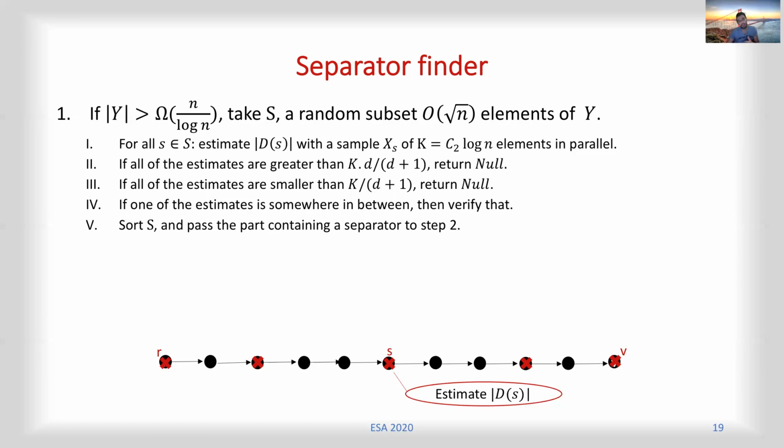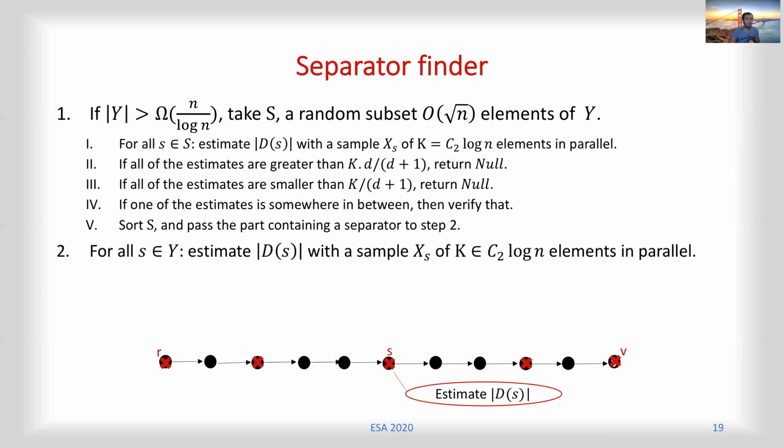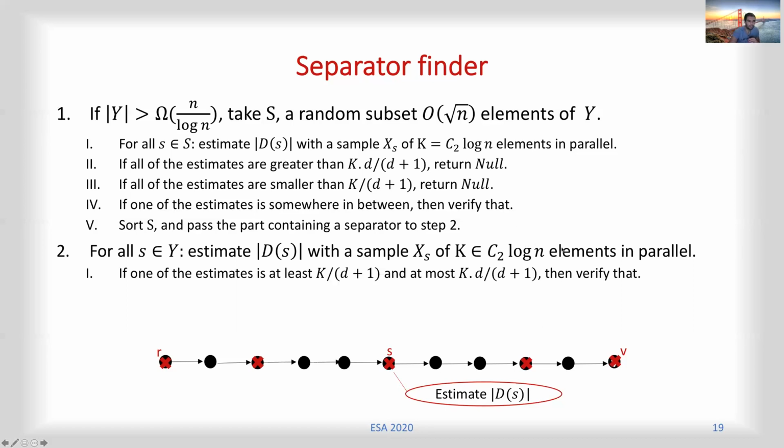And we pass the path that we think includes an edge separator to the next phase, step 2. In step 2, we expect the path to be small enough that we can estimate the number of descendants of each of the nodes using a logarithmic sample in parallel.